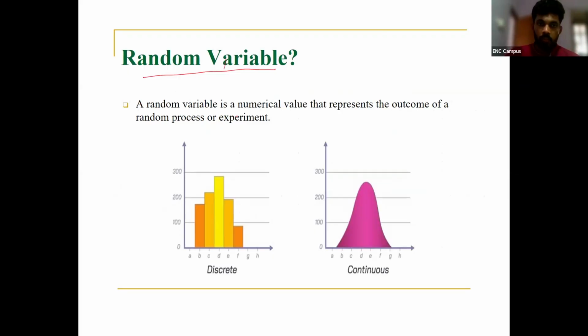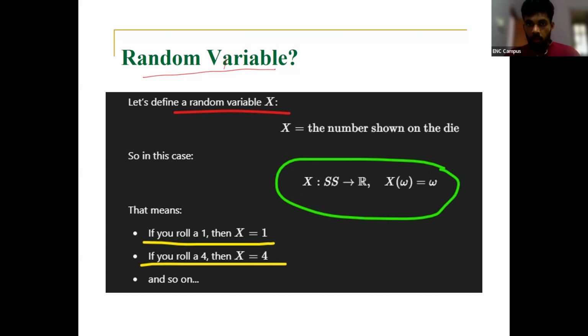A random variable is a numeric value that represents the outcome of a random process or an experiment. In our example, we roll a dice, and our outcomes are 1, 2, 3, 4, 5, 6.